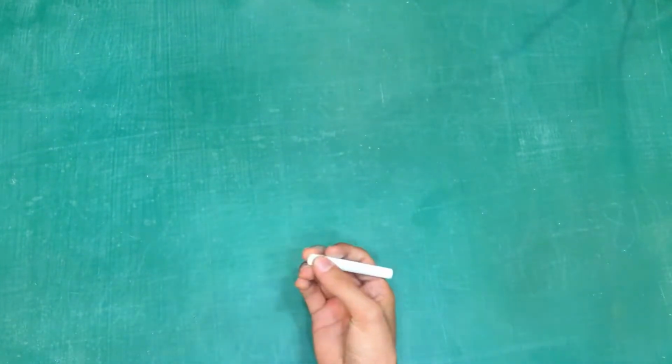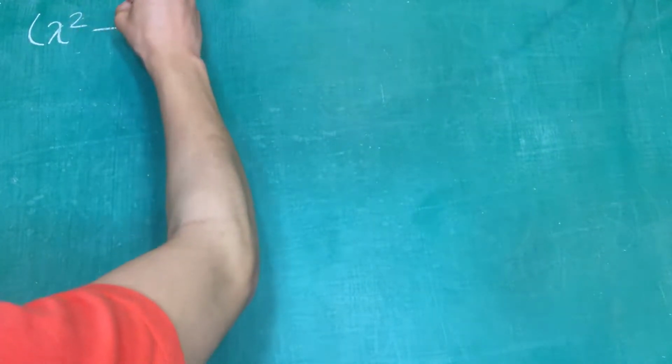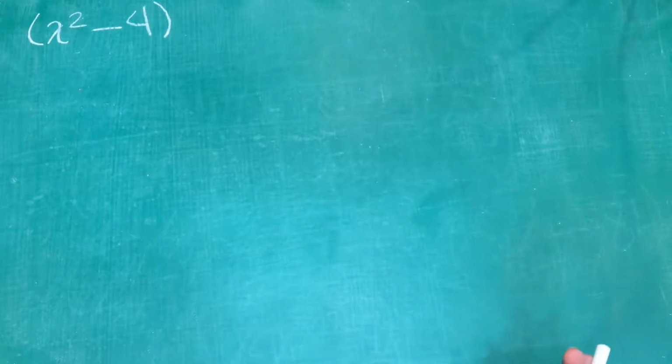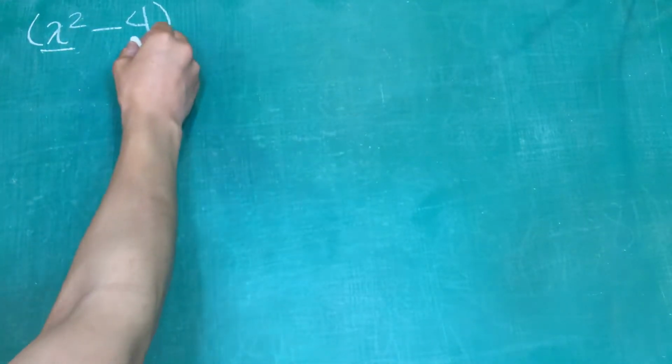Let's begin. For our first problem, we're going to have x squared minus 4. Now, to solve this problem, we have to notice that the first two terms have a square root, x squared and 4.